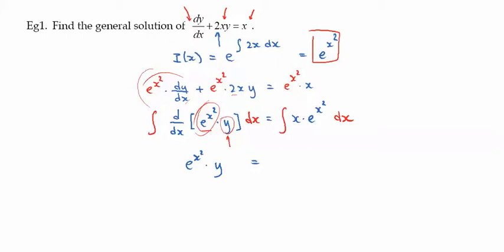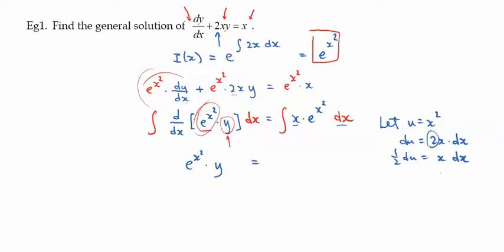And on the right hand side, as I integrate, I'll be using a u substitution here. Let u be x squared, and we will have du equals 2x times dx. That means with the x and dx here, I need to get rid of the 2 from the right hand side.